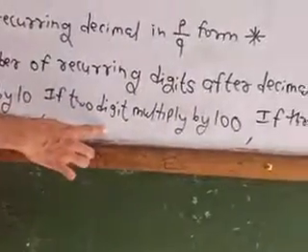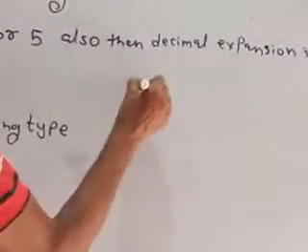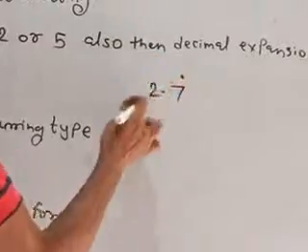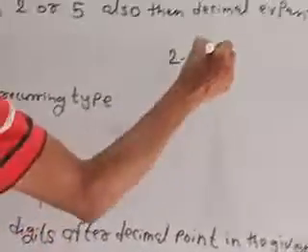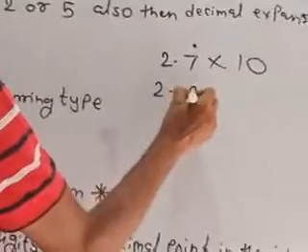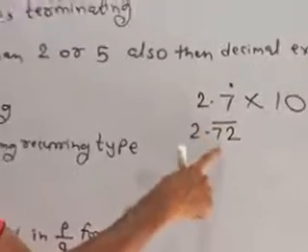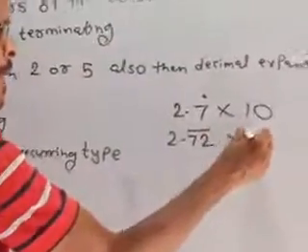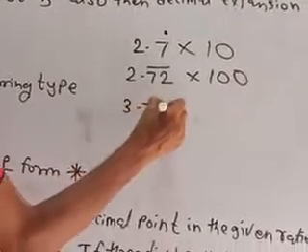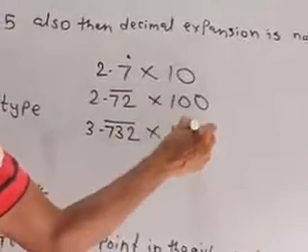For example, 2.7 has one recurring decimal digit, so when we convert this number into P upon Q form, multiply by 10. If it is 2.72 recurring, there are two digits after the point, so multiply by 100. And if it is 3.732 recurring, with three digits, then you multiply by 1000.